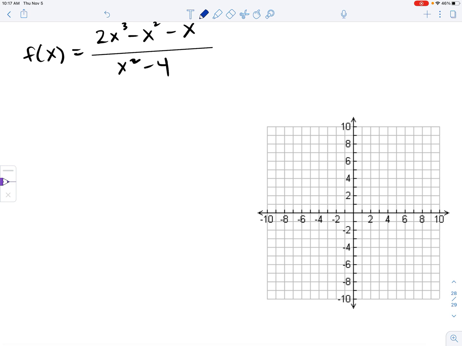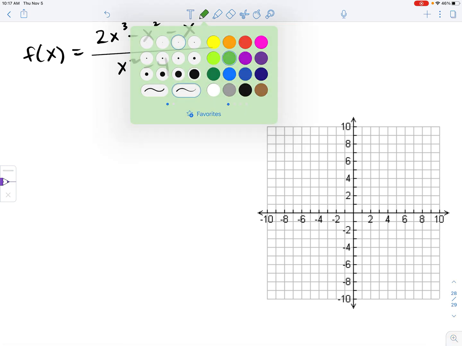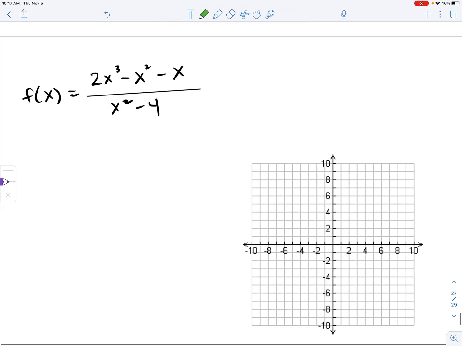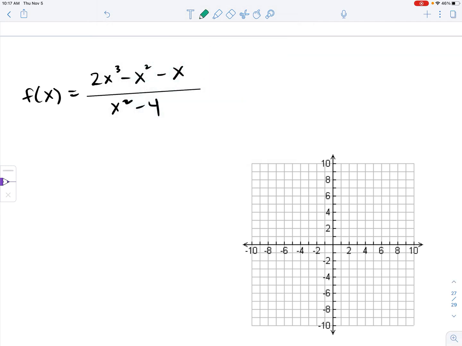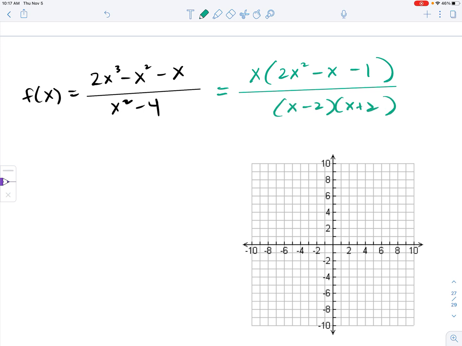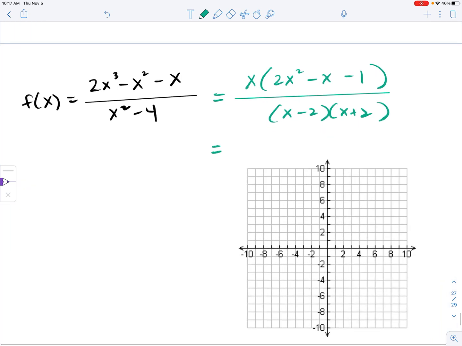And then working through one more example, I pulled this example from the textbook. Let's use a different color. Use green. Okay, so factoring the numerator and denominator, I'm going to factor an x out of the numerator first. And the denominator factors to be x minus 2 times x plus 2.